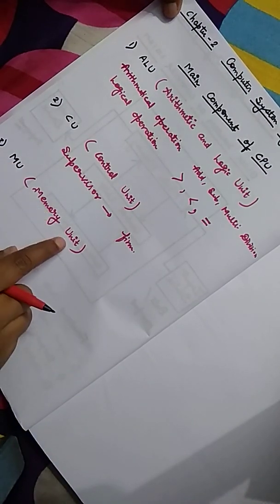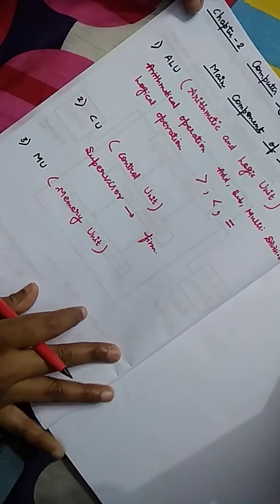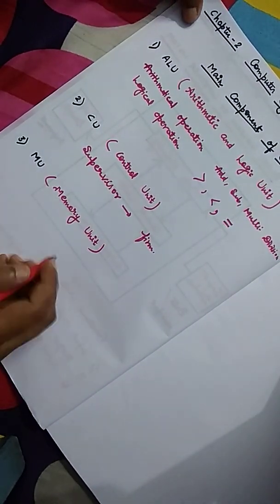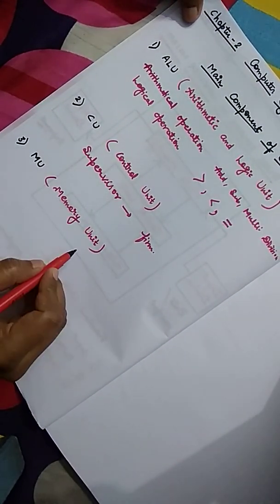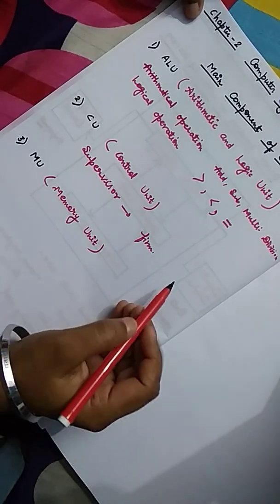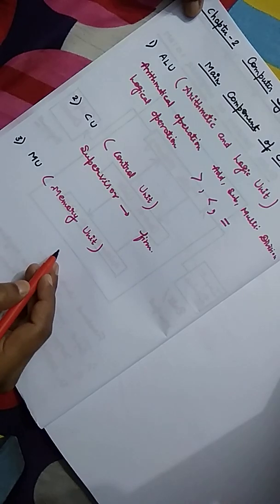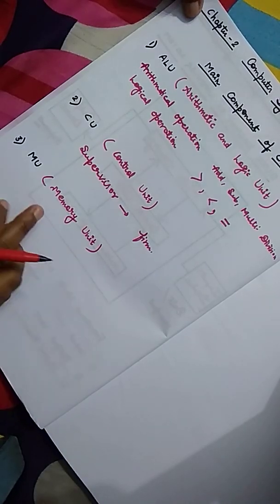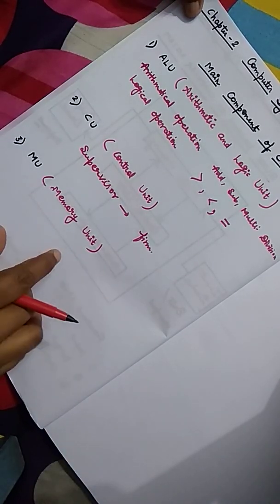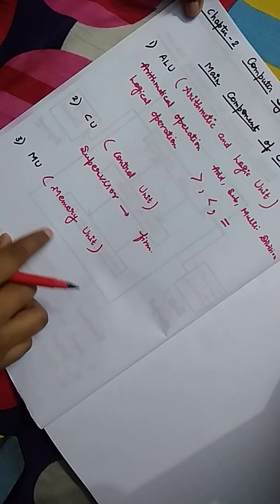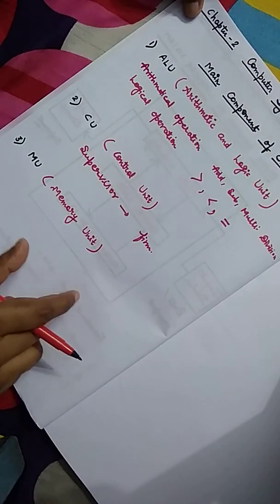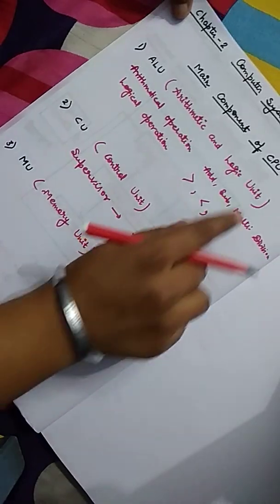After this, MU, that is called memory unit, and this is the storage part of our CPU, that is central processing unit. When we enter any data through an input device, it is temporarily stored by the CPU.